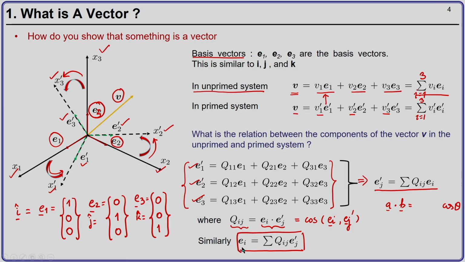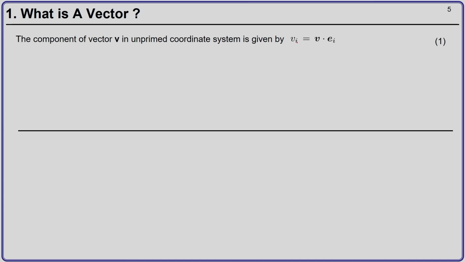Once you have this equation, we have tools in our hand with which we can find the relation between the components of the vector v in the unprimed and the primed system. To do that, we start with this definition of the vector.